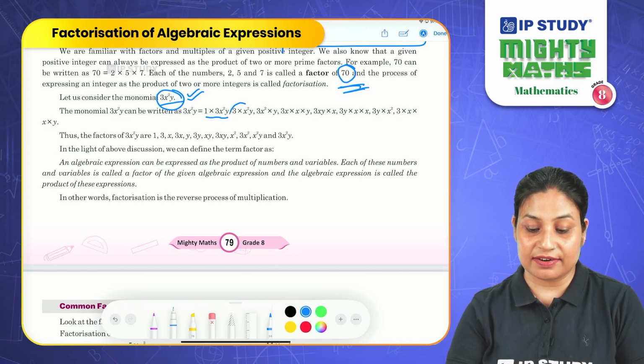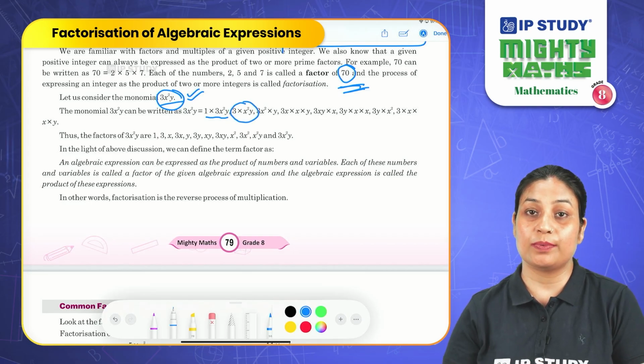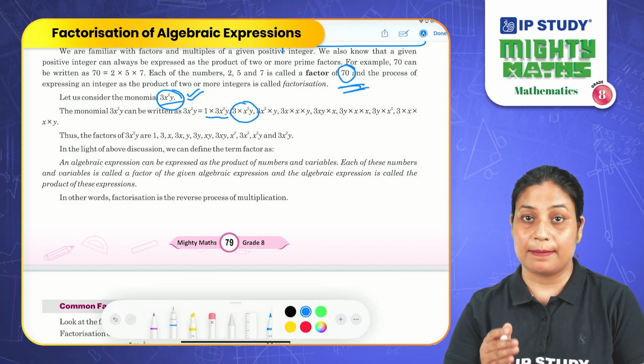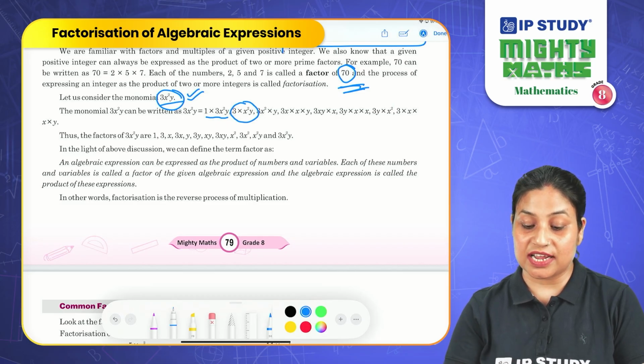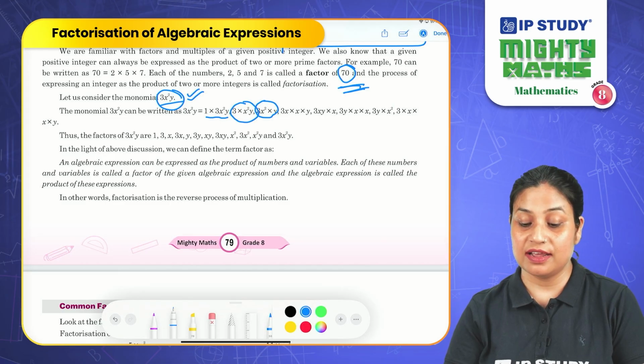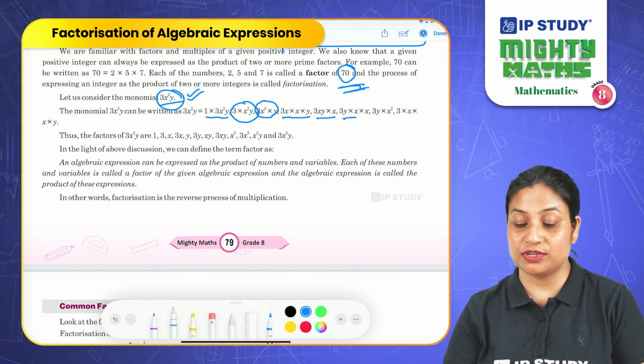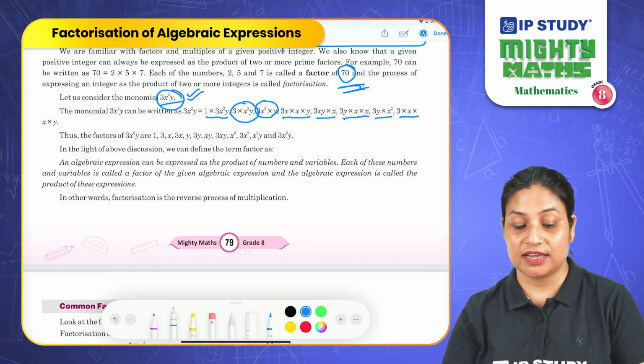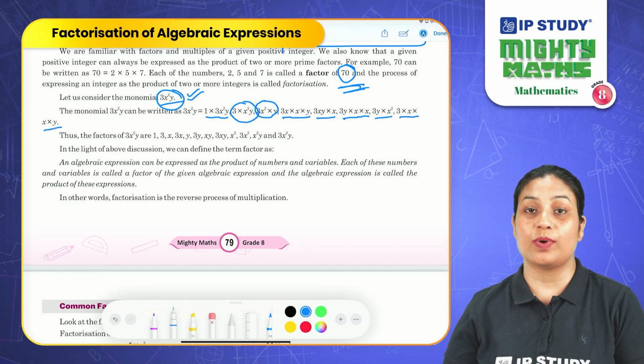Secondly, I can write it as 3 into x square y. I'm just breaking this term, right? Next, I can break it down as 3x square into y. Then I can write it as 3x into xy. Then I can also write it as 3xy into x. Then 3y into x square or 3x into y.